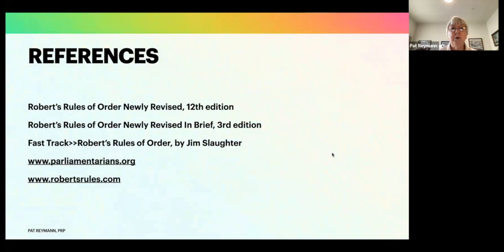And then you can work your way up the ladder as far as becoming a registered parliamentarian or becoming the next step, a professional registered parliamentarian, which is what I am. And we're in the process of changing how that happens. They're going from one kind of format to a different kind of format, but it's a very interesting process.